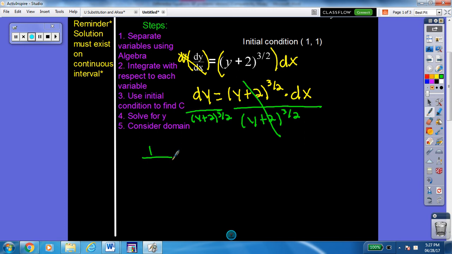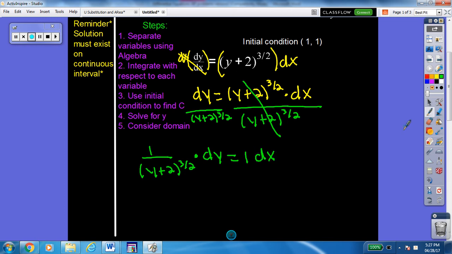I've got 1 over (y plus 2) to the 3/2 times dy, and nothing left over here. When I divide (y plus 2) to the 3/2 by itself, that's really just a 1 dx. So there's no variable x, but there is a constant.